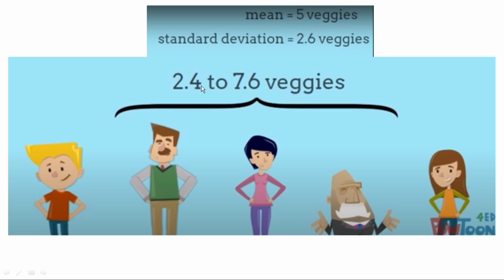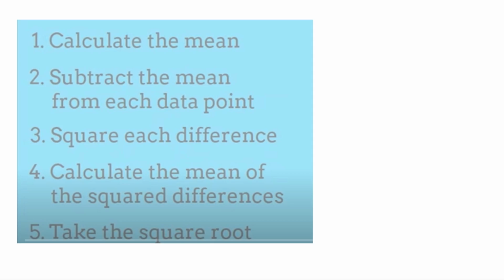Dear friends, the concept is very simple. You have to simply go ahead with a particular formula, and how that formula is designed, the answer is very simple. But prior to that, you have to remember all these 5 steps. First of all, calculate the mean, then subtract the mean from each data point, that is, the individual observation, then square each difference, followed by that calculate the mean of the squared differences and take the square root of that particular value.